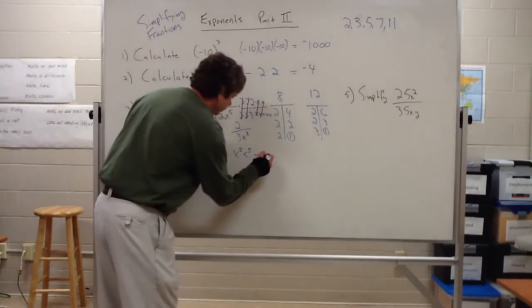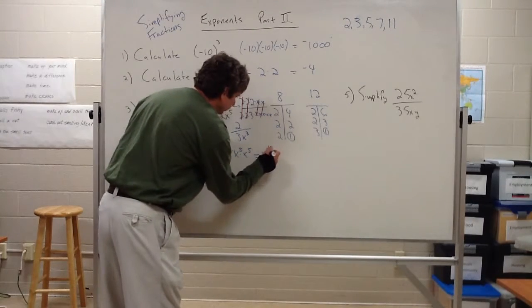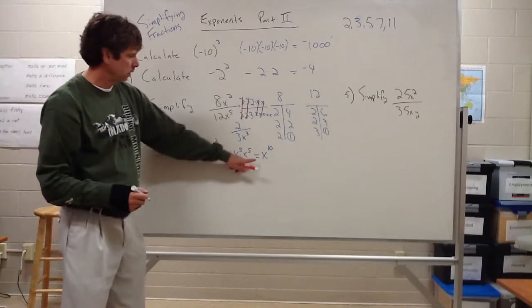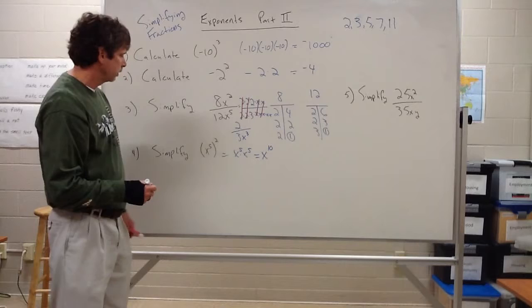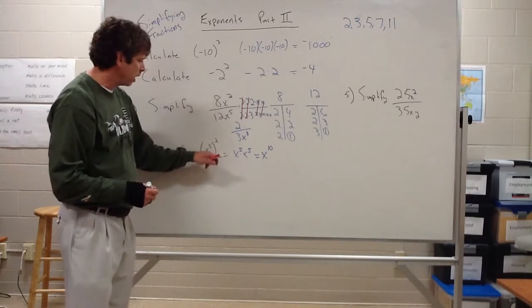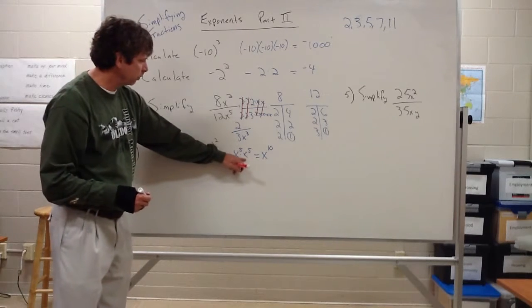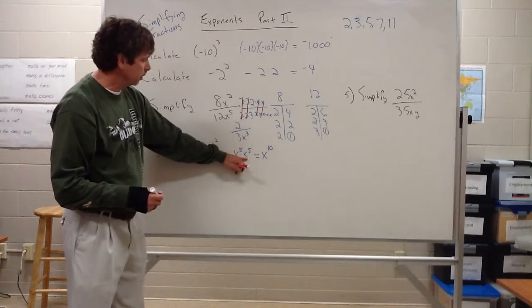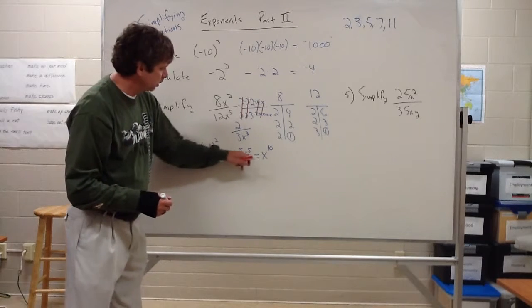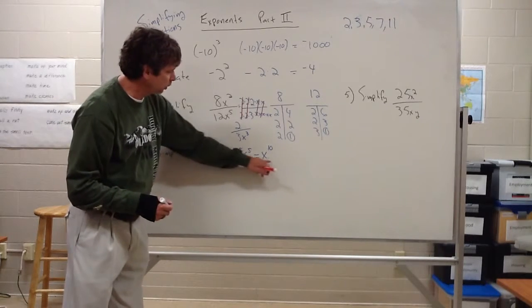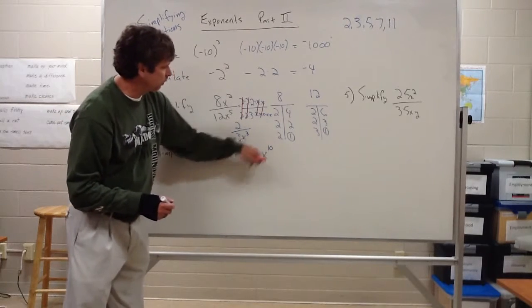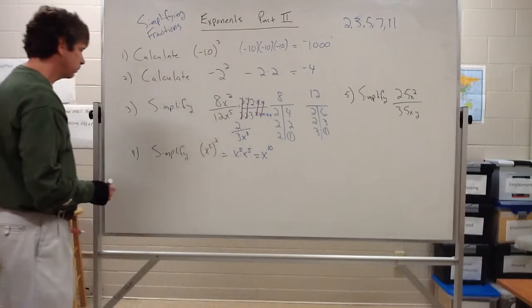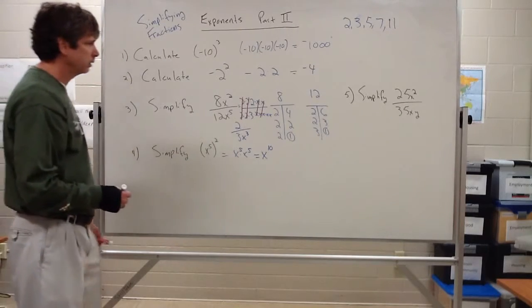So literally, this tells me that there are 10 x's multiplied together altogether, so I can use an exponent to express this in simplest form. So if I have a power to a power, we change it to repeated multiplication, and this turns into 5 x's and 5 more x's, a total of 10 x's. And that's our simplified answer.